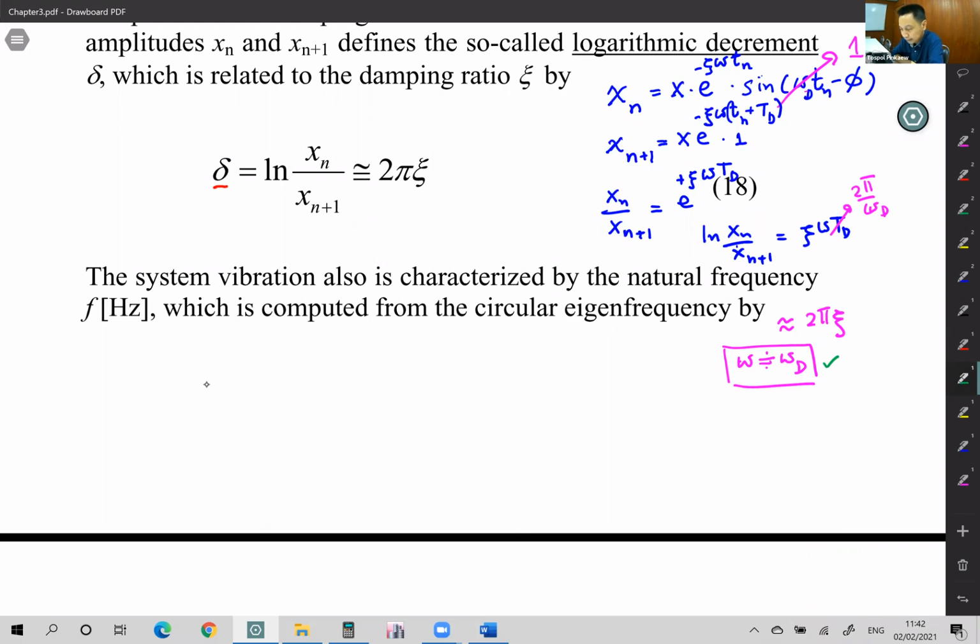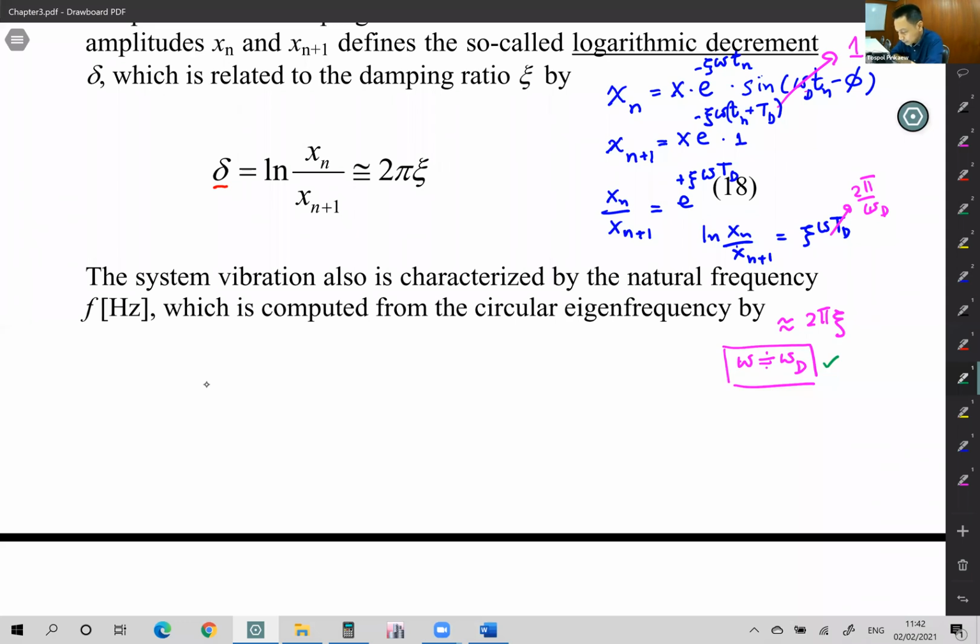The vehicle, the passenger car, the bus, those dampings are designed by the mechanical engineer so that the passenger inside the car feels very comfortable when you drive over a very rough surface, or if you go over a big bump, you still feel a very soft, smooth ride. Such a thing has to be designed with the car suspension having a very high damping ratio, like 20-30% or greater.